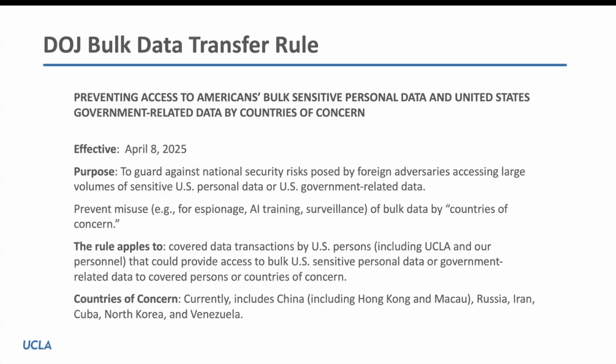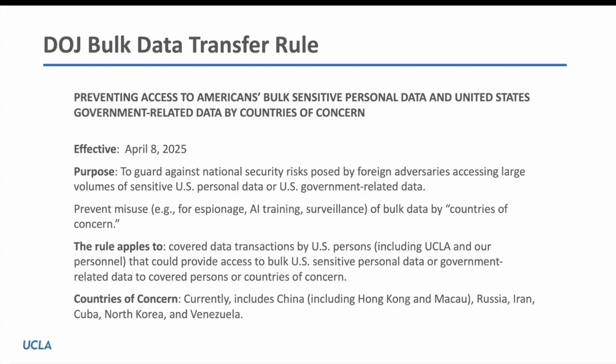And the kind of risks that are called out are that there could be potential misuse of that information. So it could be for straight-up espionage purposes, to train AI, to surveil individuals by those countries of concern as DOJ has determined and applied them.